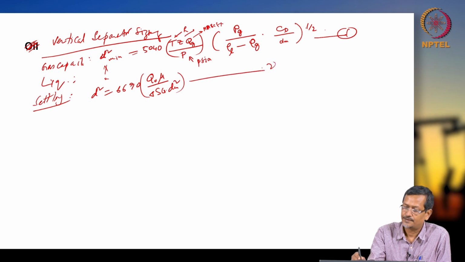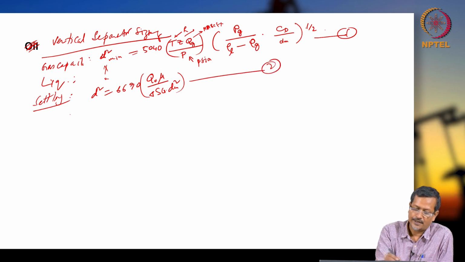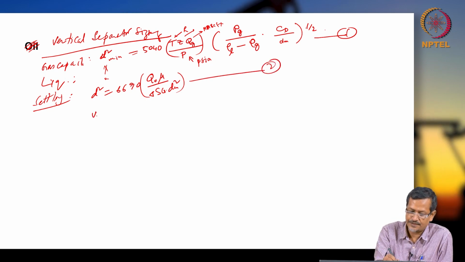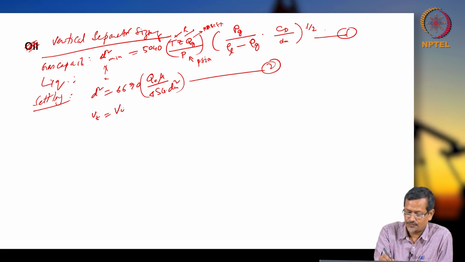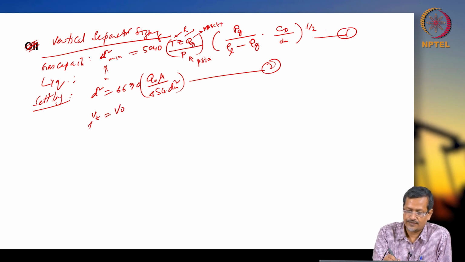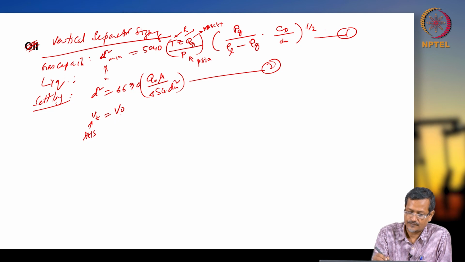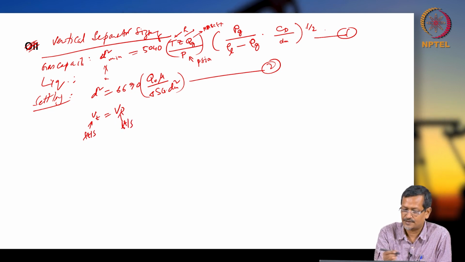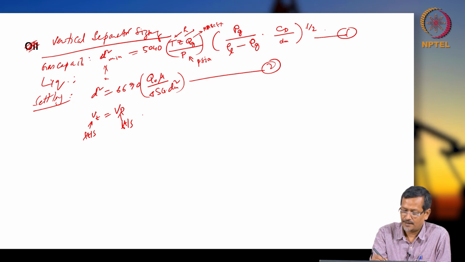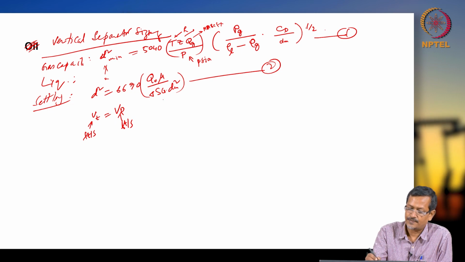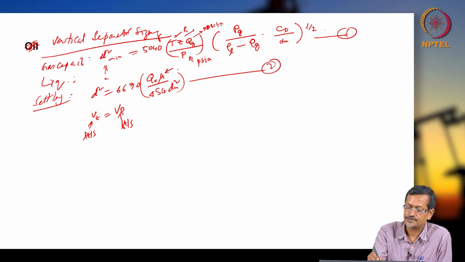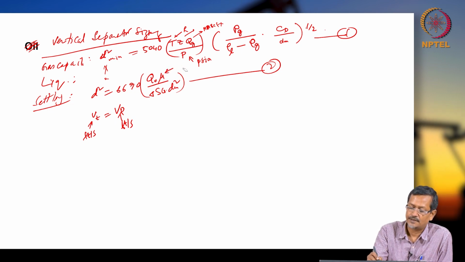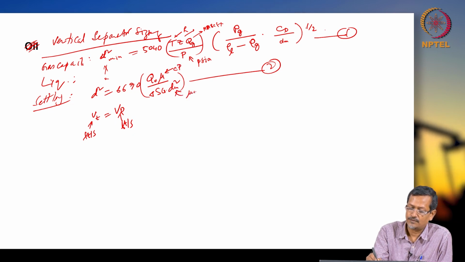Next is Vt and Vo. Vt is in feet per second and Vo is in feet per second, because the units and values are the same. Dm is in micron, and we are using mu in Cp.